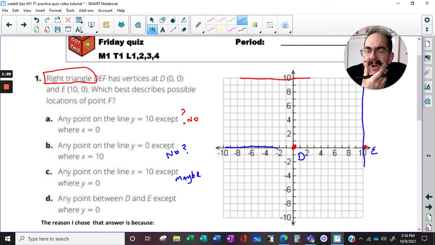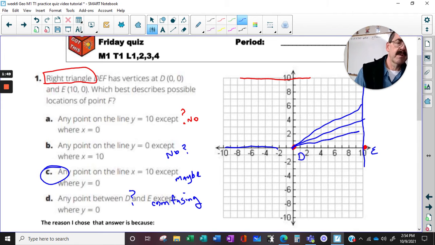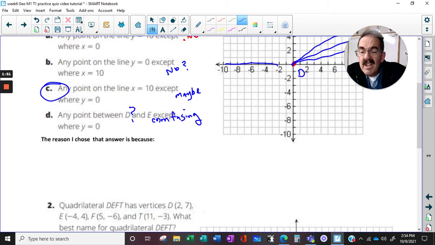Best location of F. Well, it can't be this, it can't be this, it must be this one? And then we could go anywhere in here, anywhere in here, anywhere in here, something like that. Let's try that.